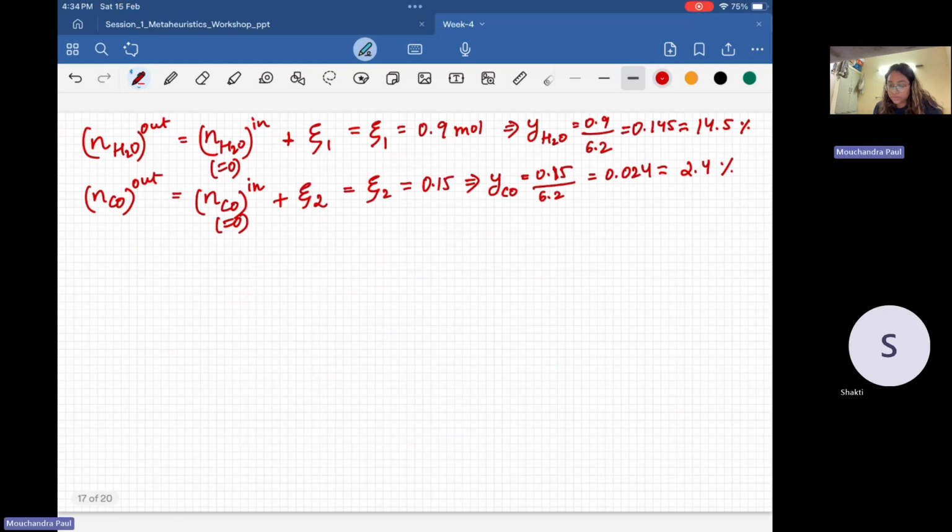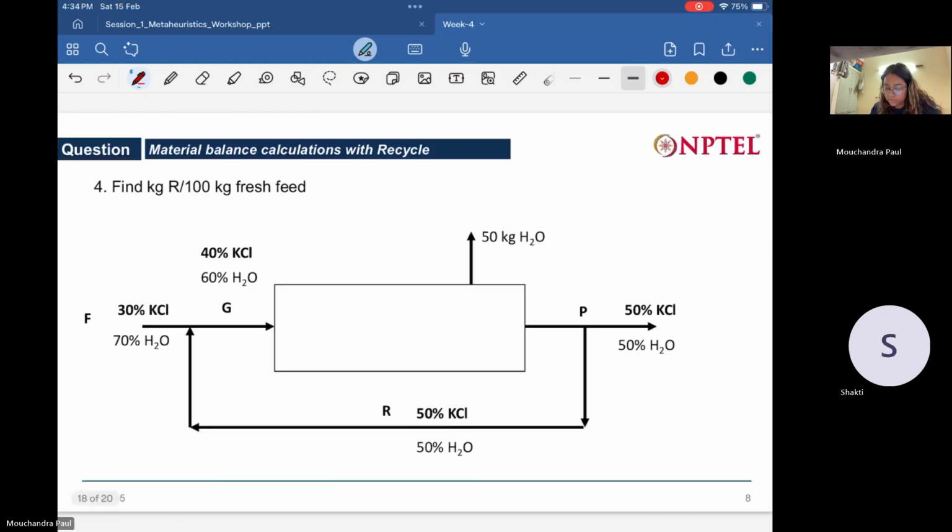No? Okay. So this is another question that I have for you. It is based on the concept of recycle. The only thing that makes this type of problem different from the previous mass balance problems is that there is another stream.